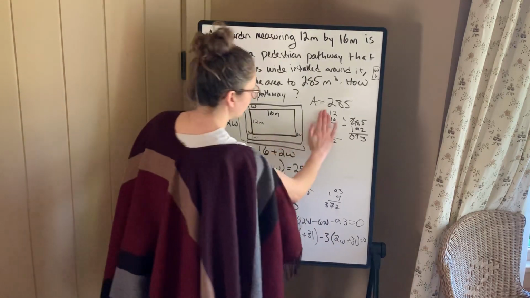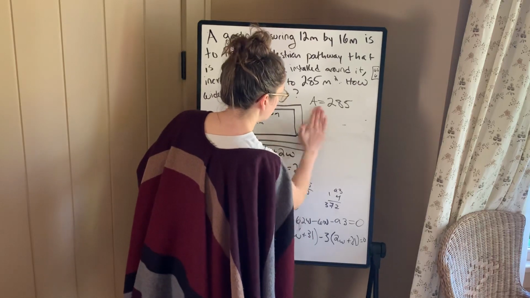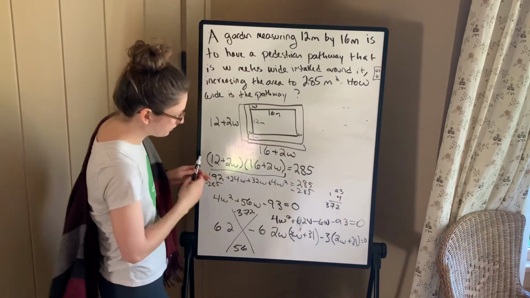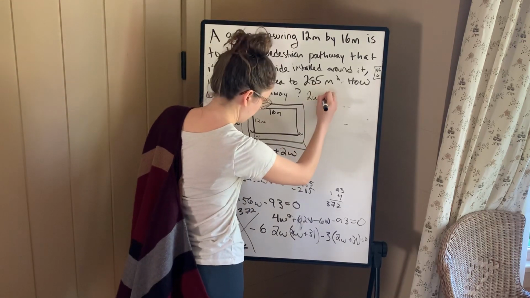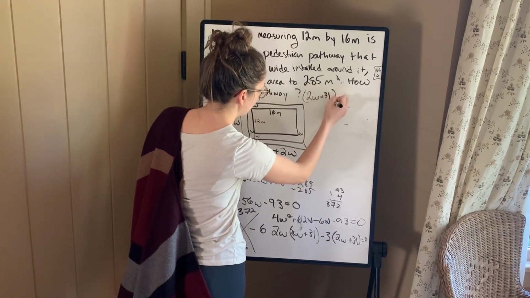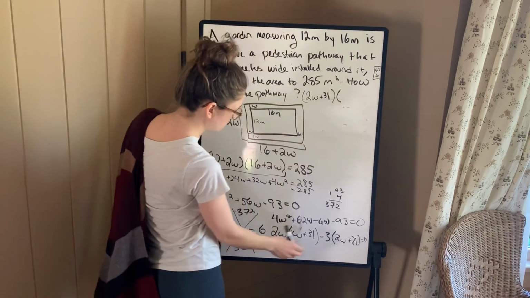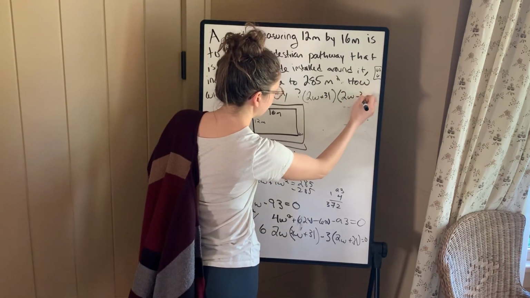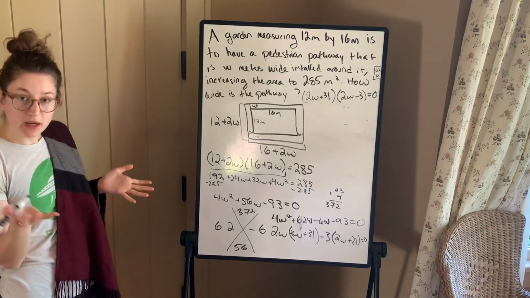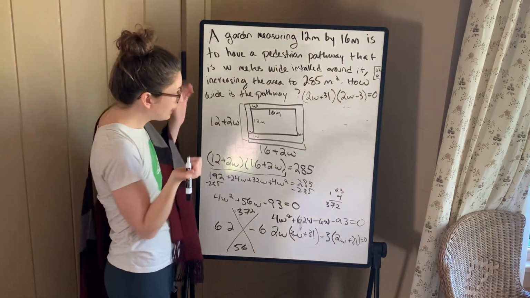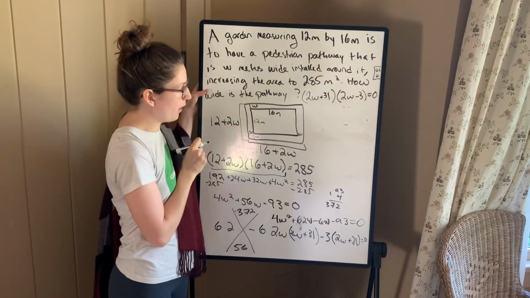I'm going to actually bring us up here to finish this out. Now we factor out that 2w plus 31, and we are left with 2w minus 3. That equals 0. So now we can use zero product property to figure out what our width actually is going to equal.